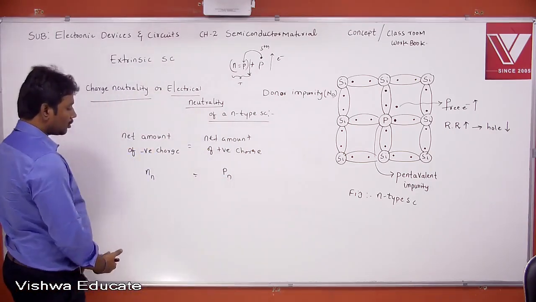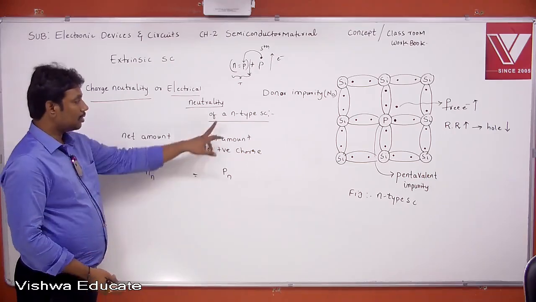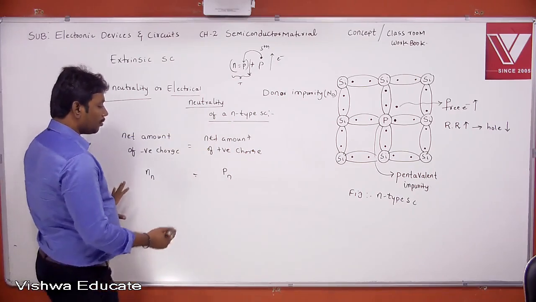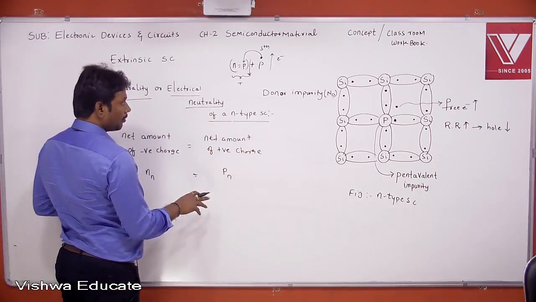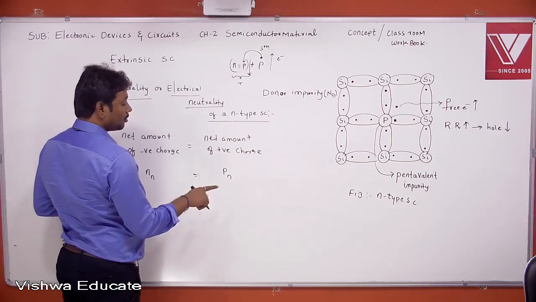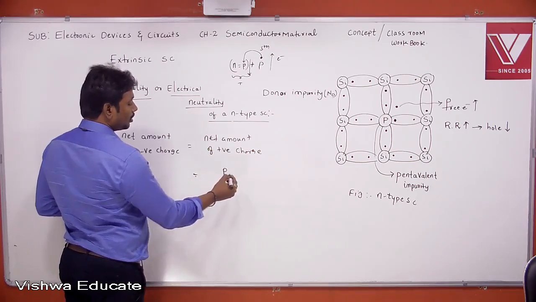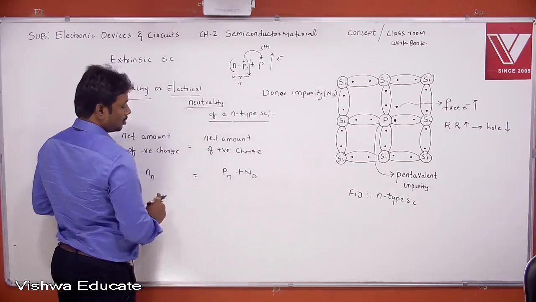Now this is N equal to P, which is for an intrinsic semiconductor. But here the entire semiconductor is extrinsic, right? Now we can add one more term. When we add the pentavalent impurity to the pure form of semiconductor, which concentration will be decreased? Hole concentration will be decreased, right? That means we can add the donor concentration on the P side to balance this equation.